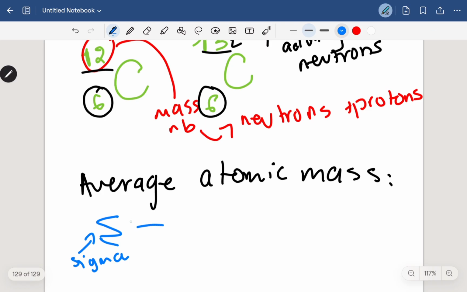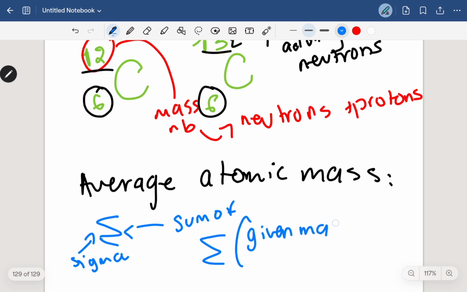Okay, so what does sigma stand for? It stands for the sum of given mass times the abundance over 100.